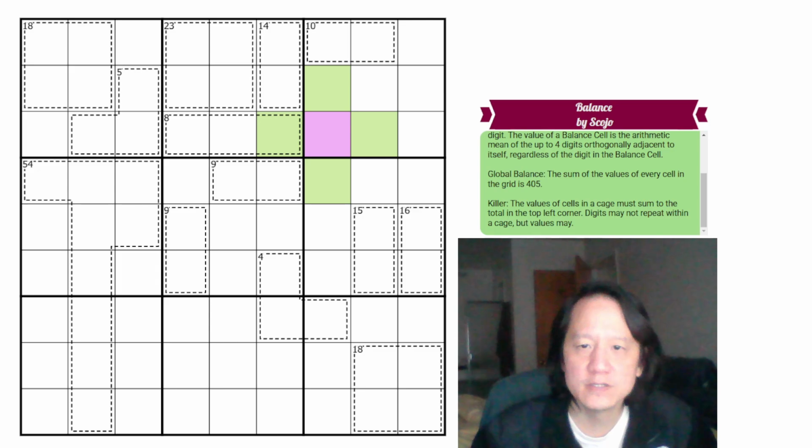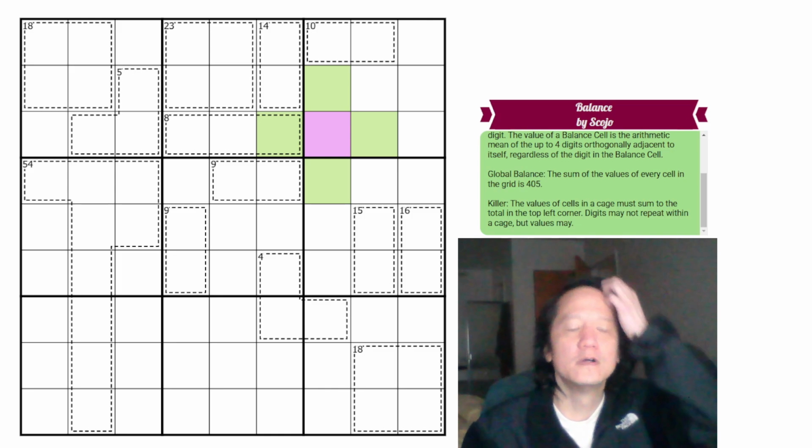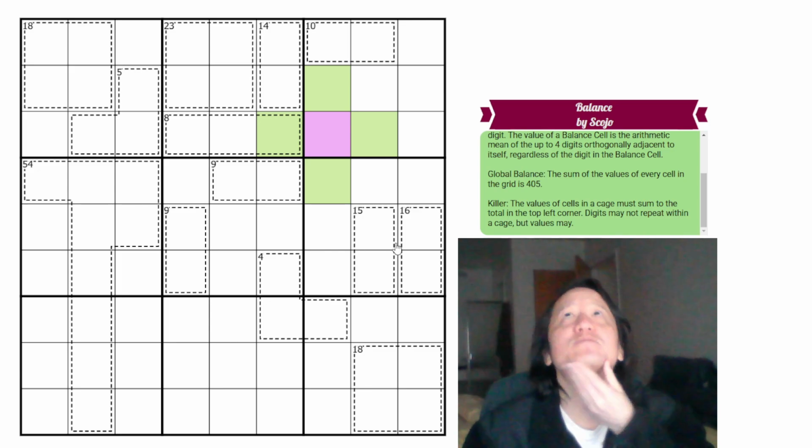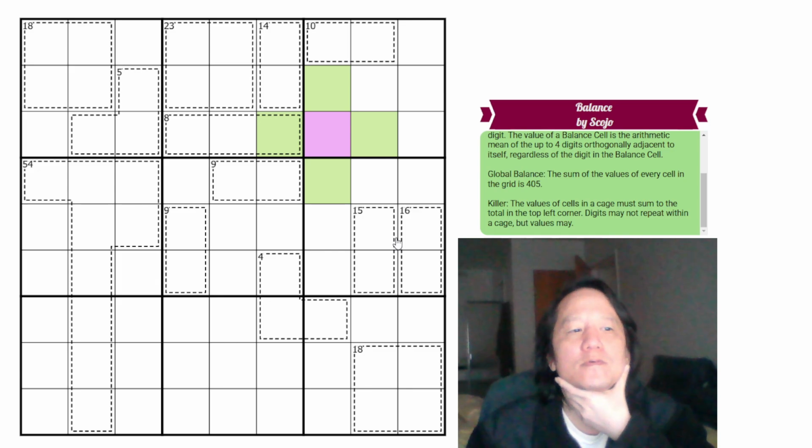Global balance. The sum of the values of every cell in the grid is 405. Normally, I think it is 405, right? 45 times 9, which would be 360 plus 45. Right? 40 times 9 is 360. 5 times 9 is 45.